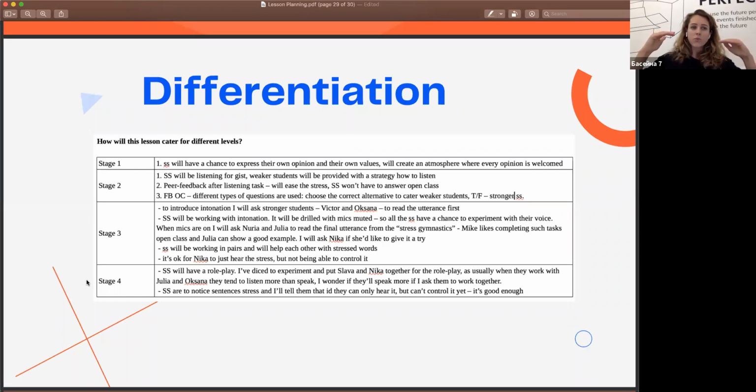They can use only 3 or 4, but that's enough for them. They don't need to use all 7, yes? And at this point, you differentiate your outcomes. I want Victoria and Yaroslava to use 7 phrases, and I will pay attention if they use them or not. But I want Tanya and Karina to use 3 or 4 phrases. And if they use more, I'll just pay attention to it during the feedback slot.